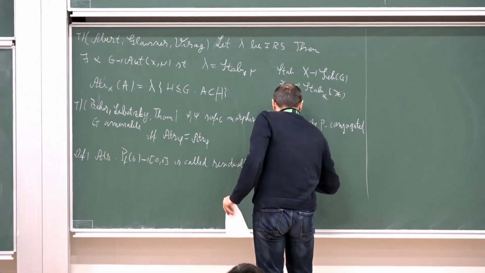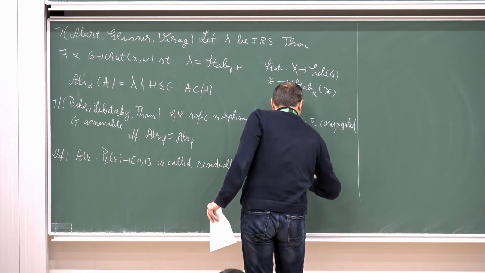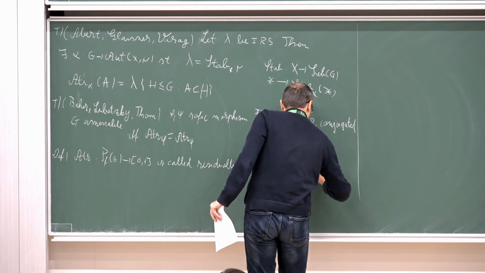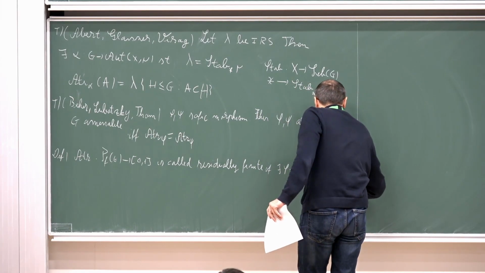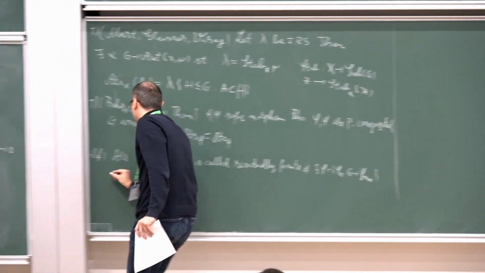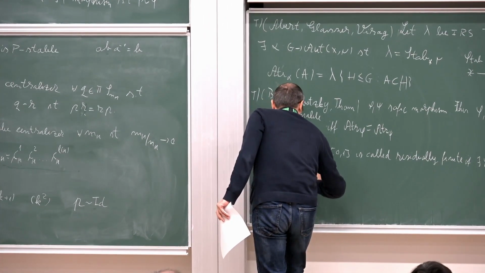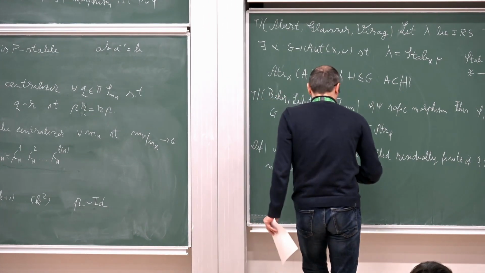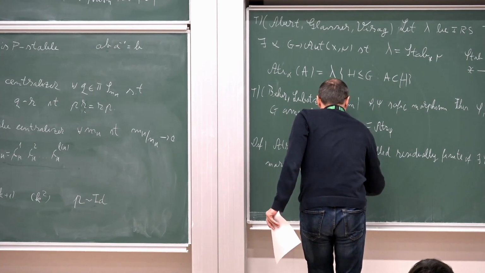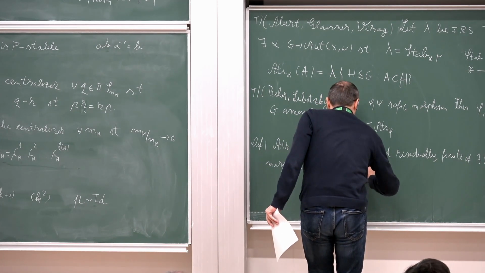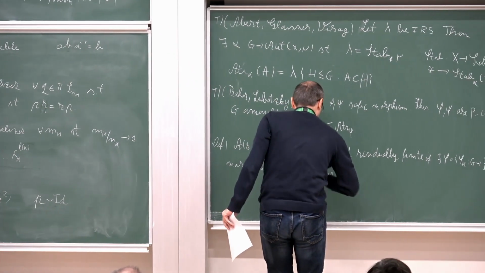So if there exists a P-morphism such that the action trace is the action trace that you associate with this morphism.